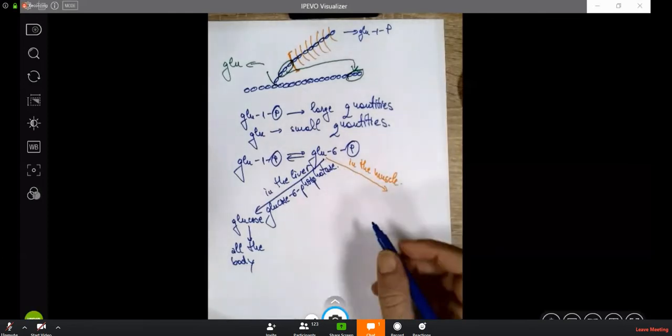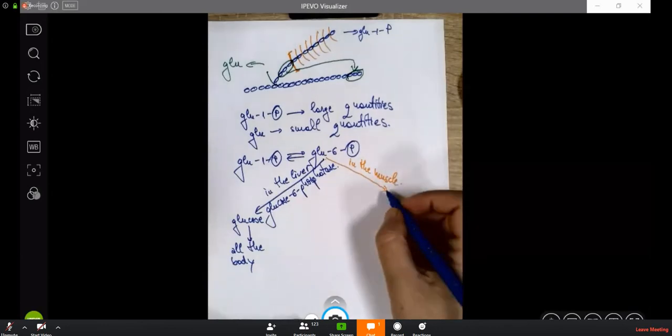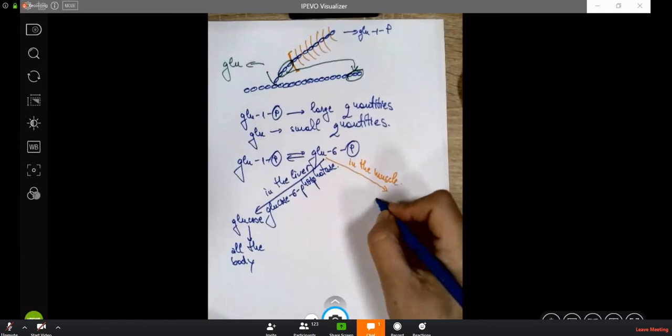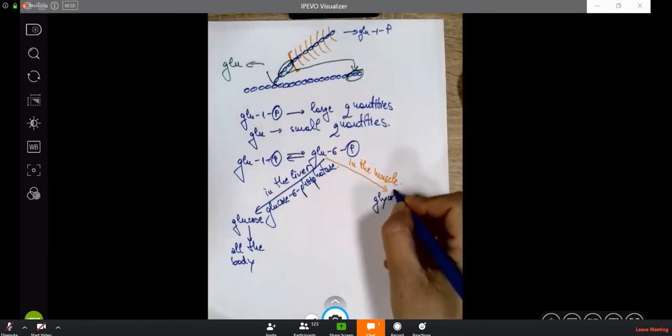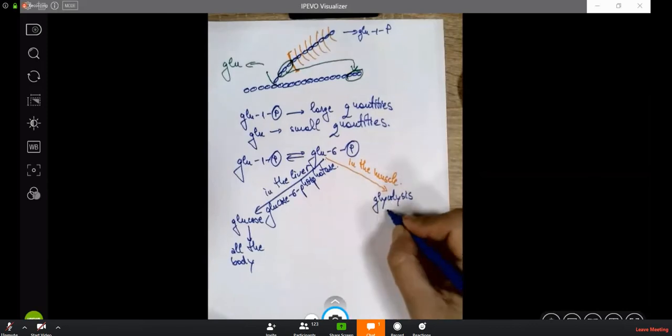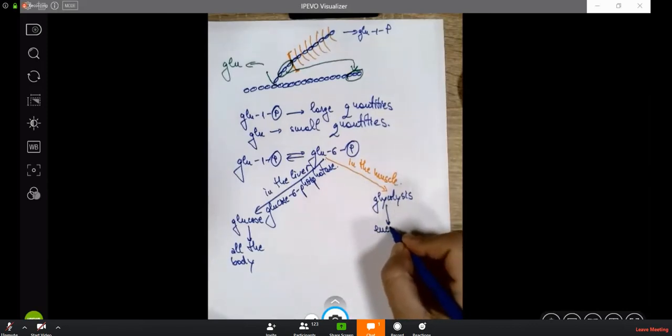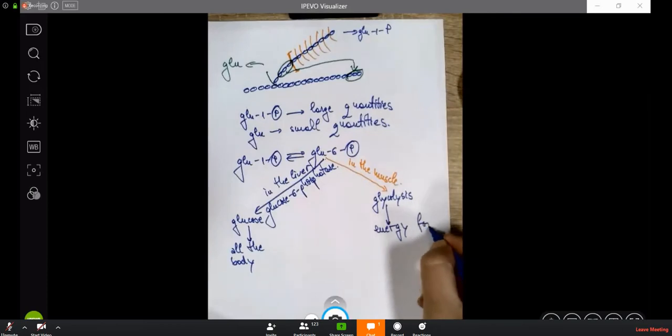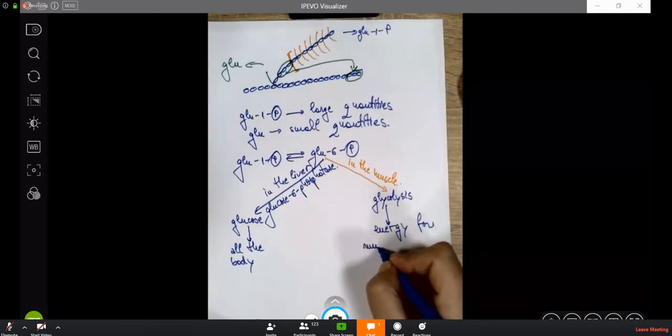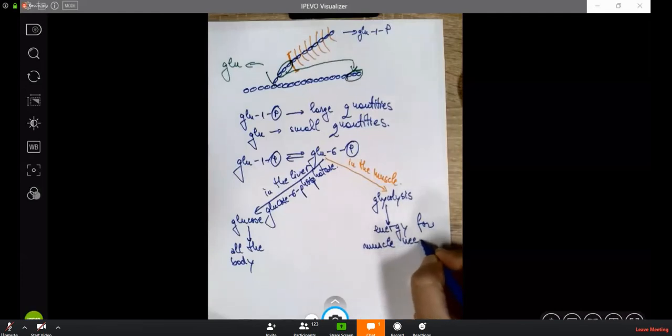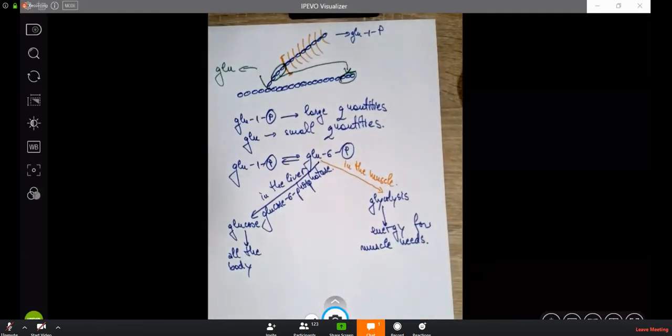So glucose 6-phosphate is going to enter eventually in glycolysis, giving energy for muscle needs. So we are saying that the muscle is selfish, making glycogen only for itself, and the liver is altruistic, making glycogen to supply glucose for all our body.